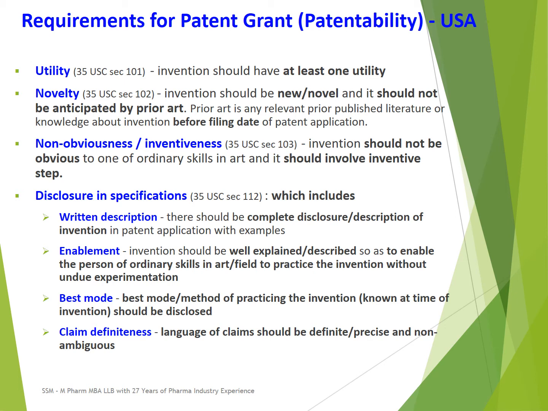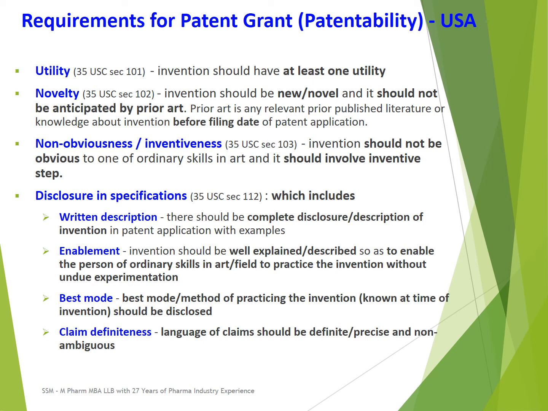If the language is not clear and precise and it is not definite, then it can become ground for challenging the patent. So these are the basic requirements for getting a patent: utility, novelty, non-obviousness or inventiveness, disclosure requirement in specification in form of written description, enablement, best mode, claim definiteness requirements.